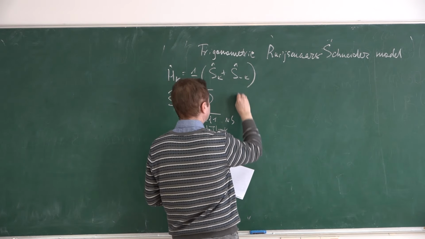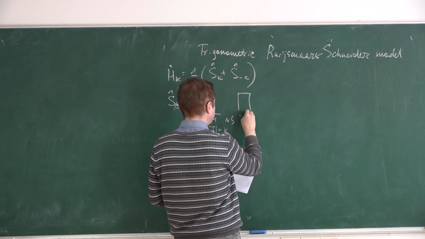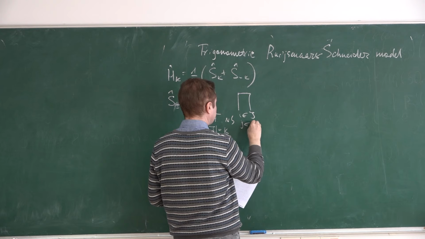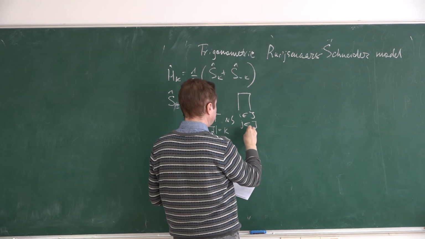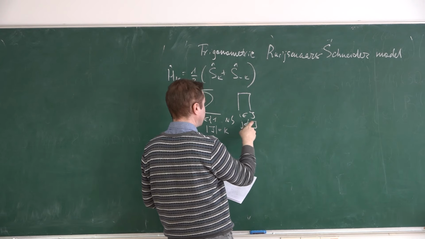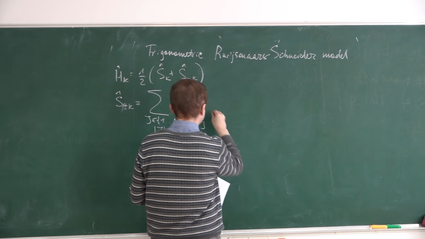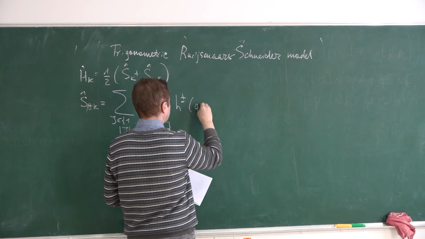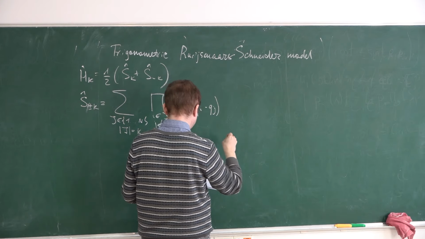And here we have a product over a pair of indices where one belongs to this subset and another does not belong, h plus minus of q_i minus q_j.